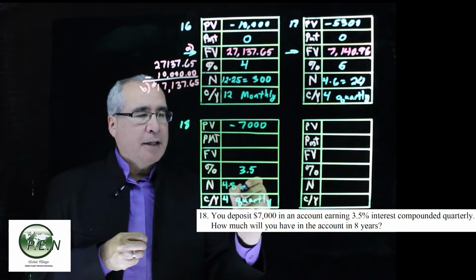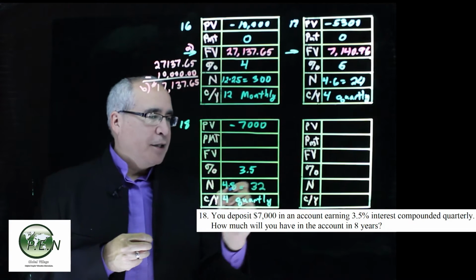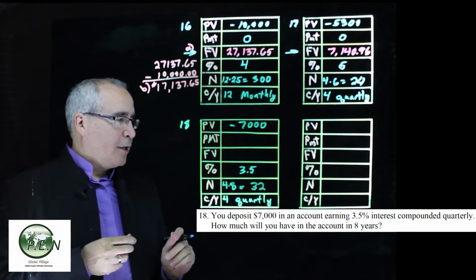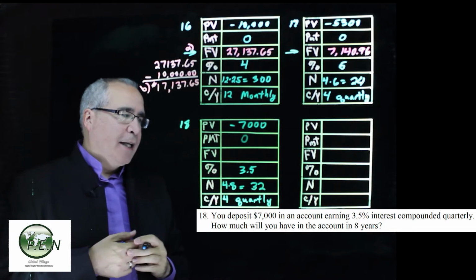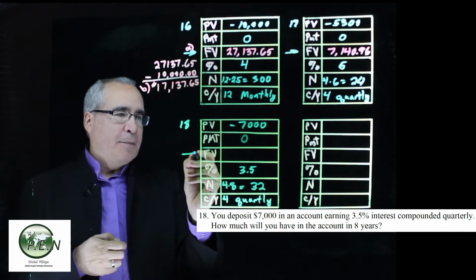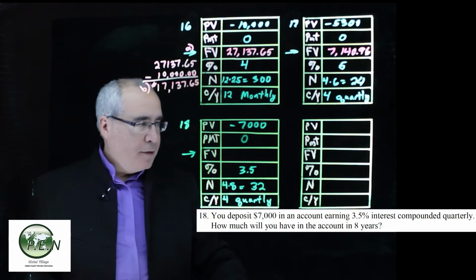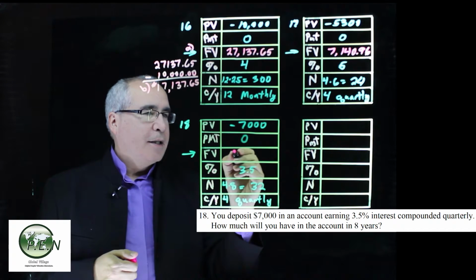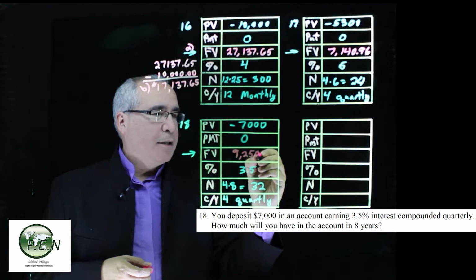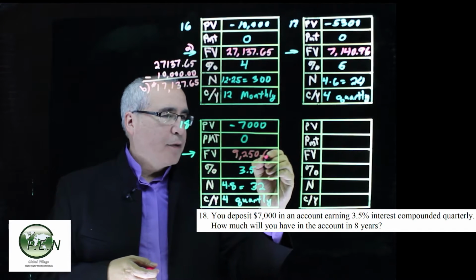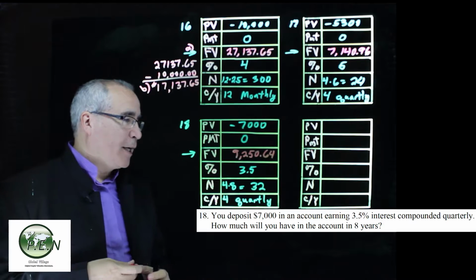So 4 times 8 gives us 32 as our number of periods. Again, no payments, click on the future value button, and we get $9,250.64, and that's all they're asking for.